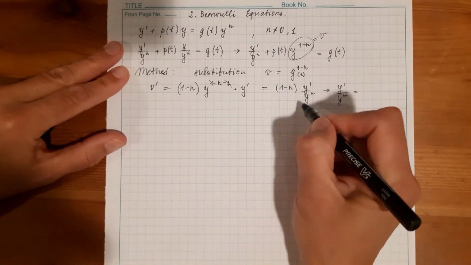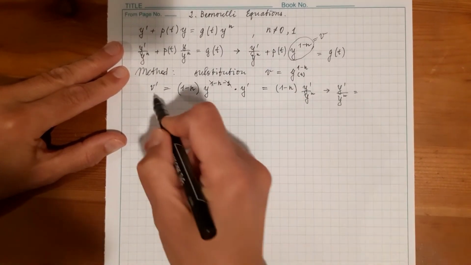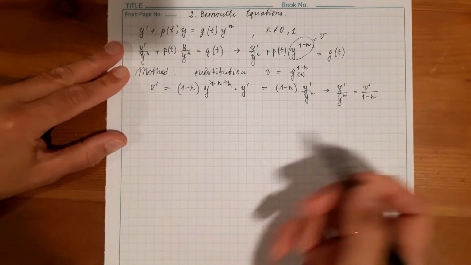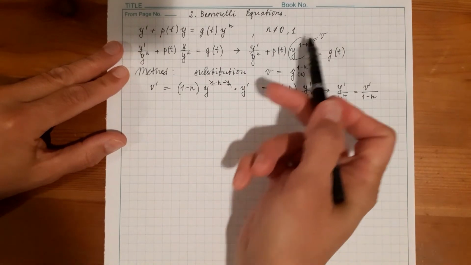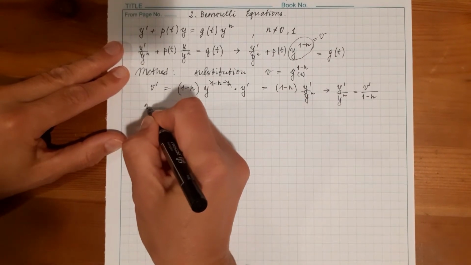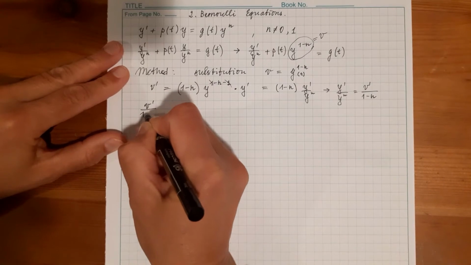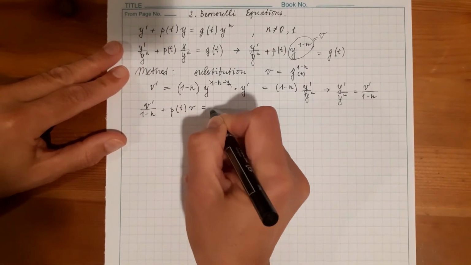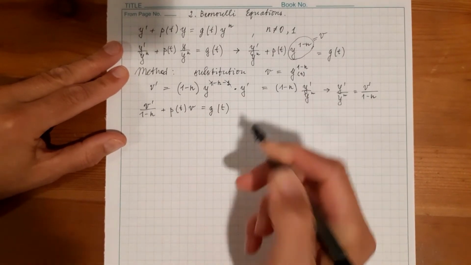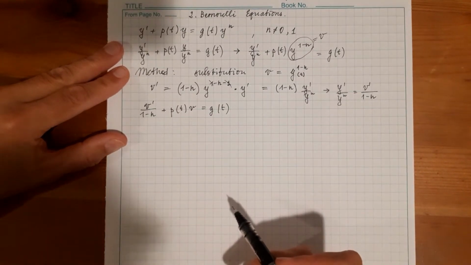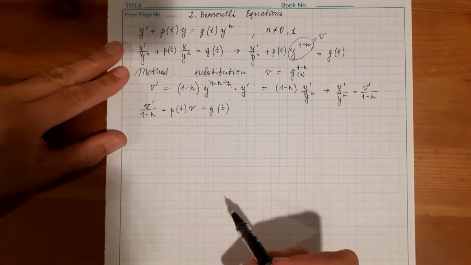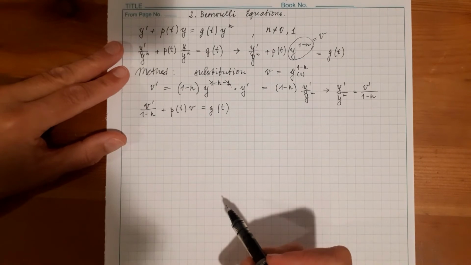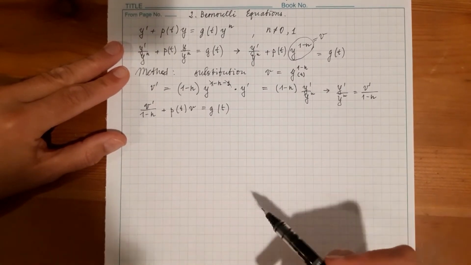I can just divide both sides by 1 minus n. So it's v prime over 1 minus n, and I converted the whole equation to v. My equation now looks like this: v prime over 1 minus n plus p of t v equals g of t. Now you can recognize our normal equation which we solve with an integrating factor, right? That's going to be the way to finish the problem.